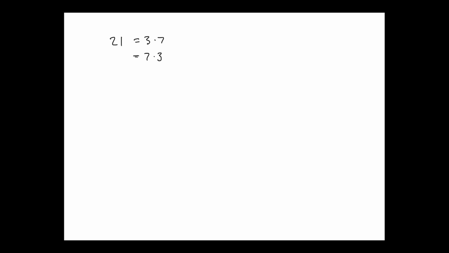Okay, so point being, we could have written it as 3 times 7 or 7 times 3. Are those different? Well, what do we mean by different or same, right? So what makes them look different? The order. But does that really matter? Well, it's kind of up to us, right?